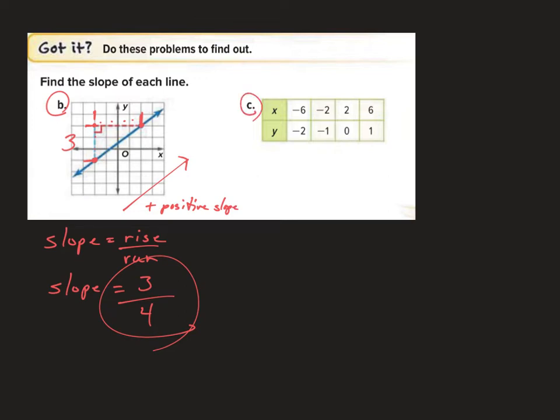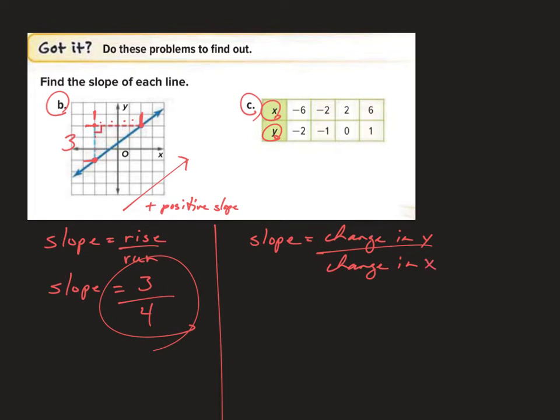For C, I'm going to look at finding the slope by pulling 2 sets of coordinates. Remember, I have my y values here and my x values here. And another way to find slope is the change in y over the change in x.